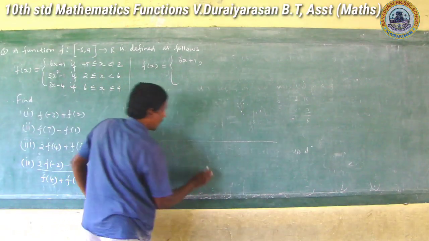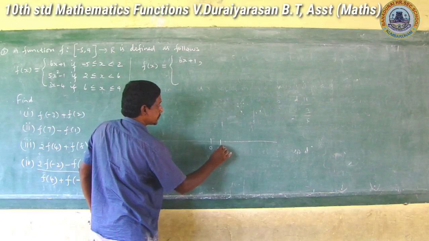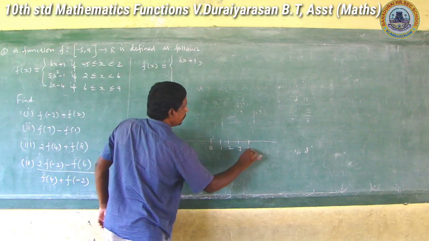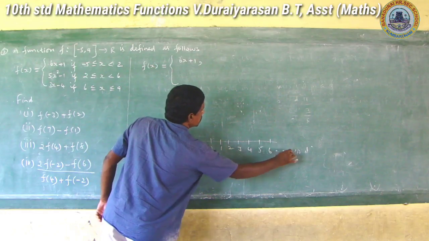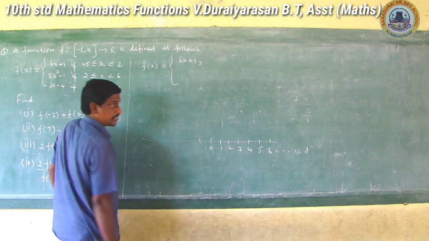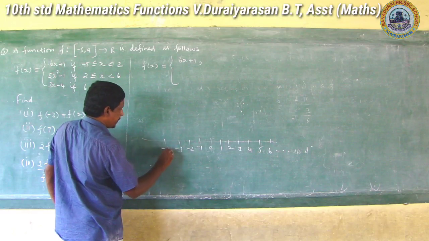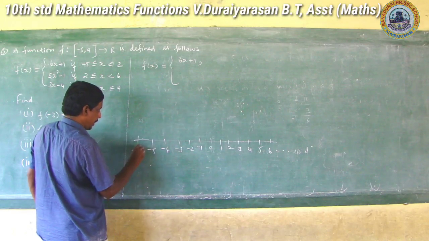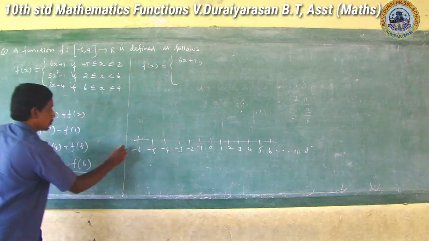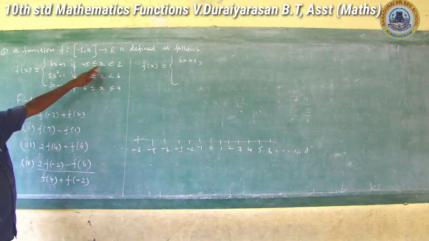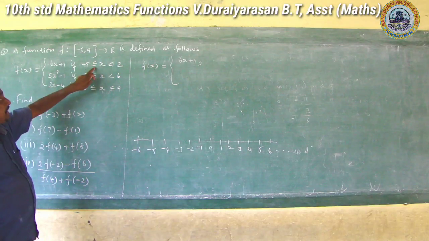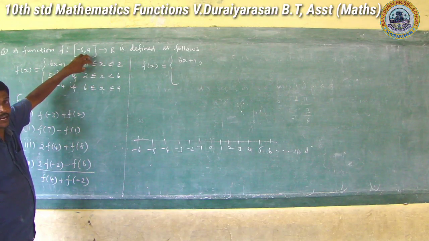To draw the number line, this is 0, right hand side 1, 2, 3, 4, 5, 6 and so on. Left hand side, minus 1, minus 2, minus 3, minus 4, minus 5, minus 6 and so on. What is the value of x? Greater than or equal to means including minus 5.